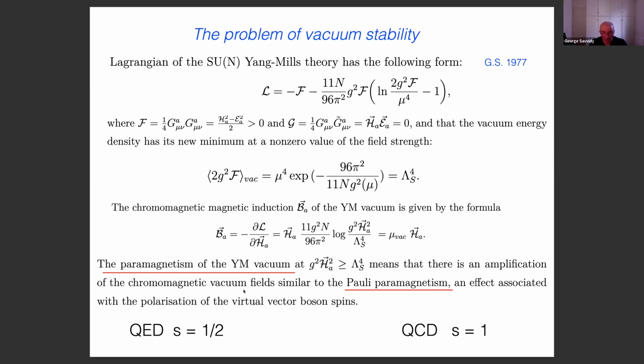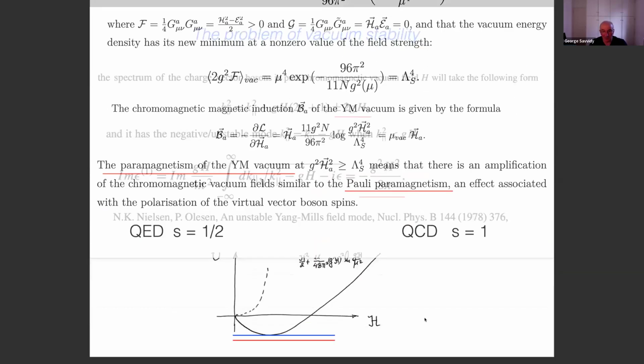Which means that the Yang-Mills vacuum is paramagnetic, which means that if you impose a chromomagnetic field, the vacuum will amplify it. And this is an analog of the Pauli paramagnetism. The reason is that in QED the spin of electrons is equal to 1/2, but in QCD it's spin 1, and that makes a big difference between these two theories.